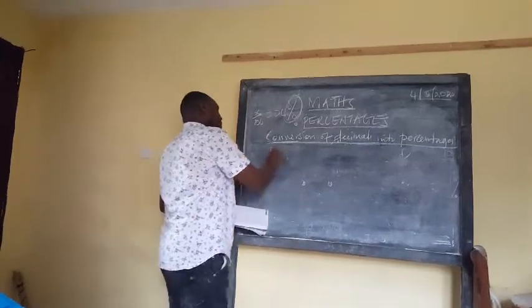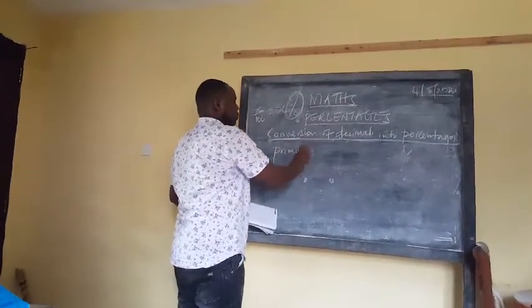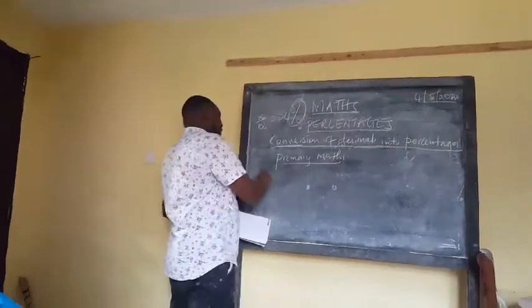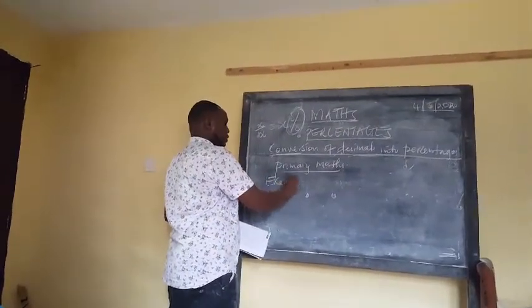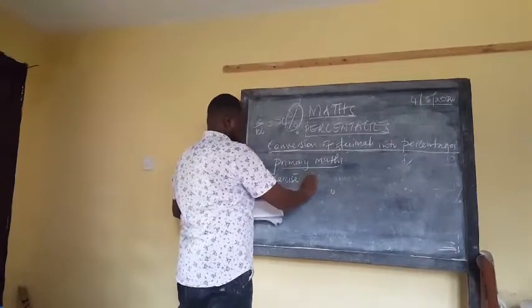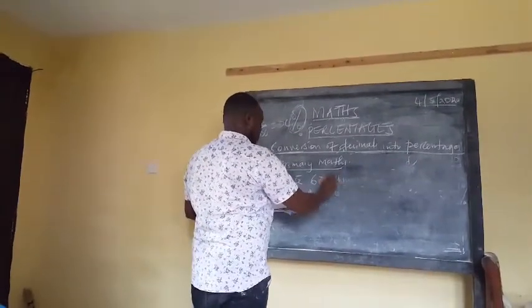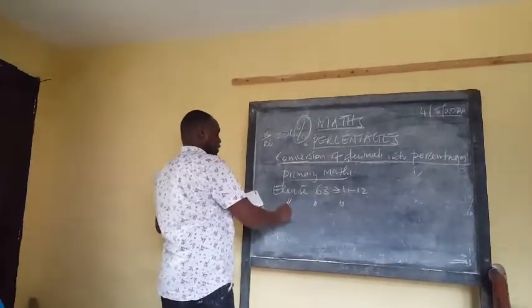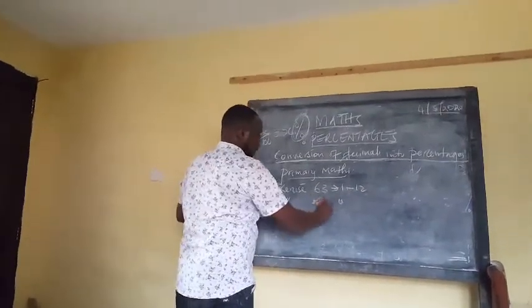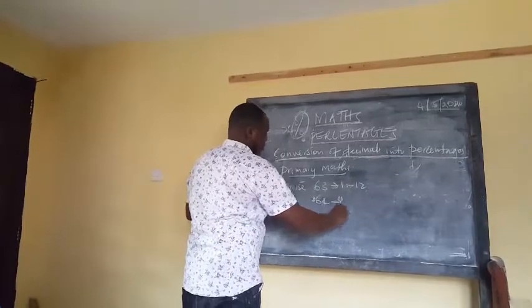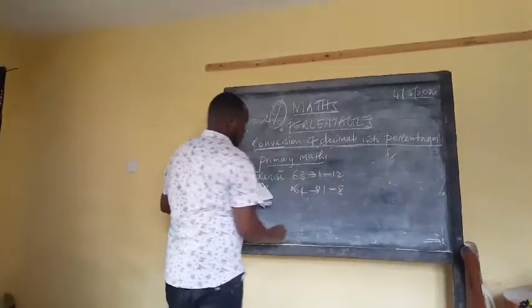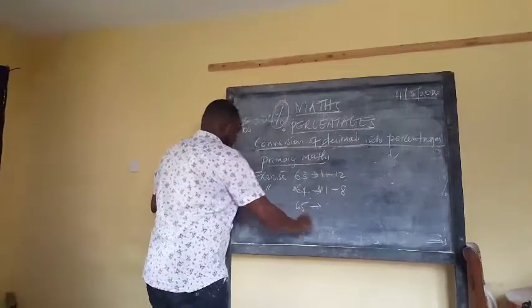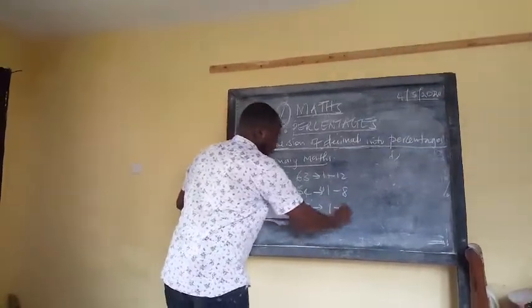So in our primary maths, that is class 7, exercise 63, number 1 to 12, then exercise 64, number 1 to 8, then exercise 65, number 1 to 9.